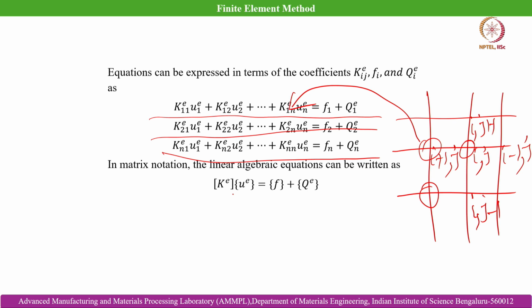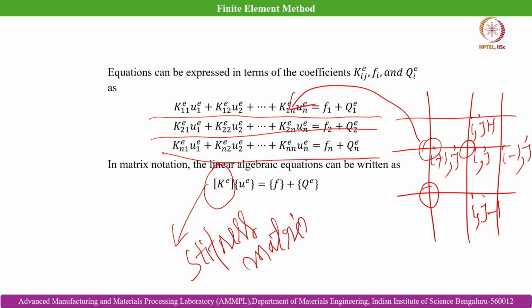The linear algebraic equation can be written with K, the stiffness matrix, and U, the primary variable matrix that we are evaluating in this finite element formulation. We are developing this formulation to evaluate the primary variable U, so the K matrix into the U matrix is equal to F plus Q.